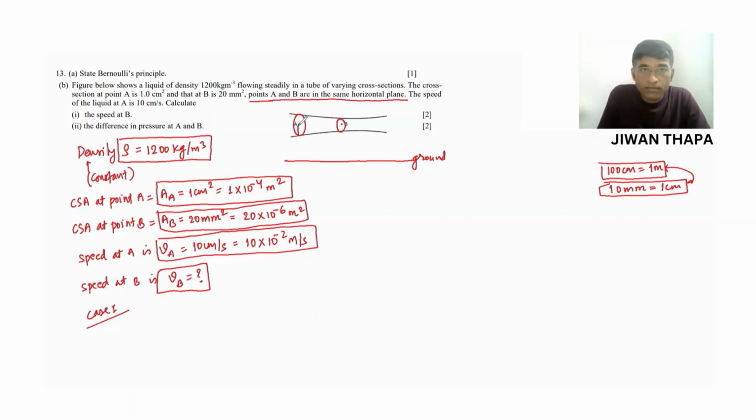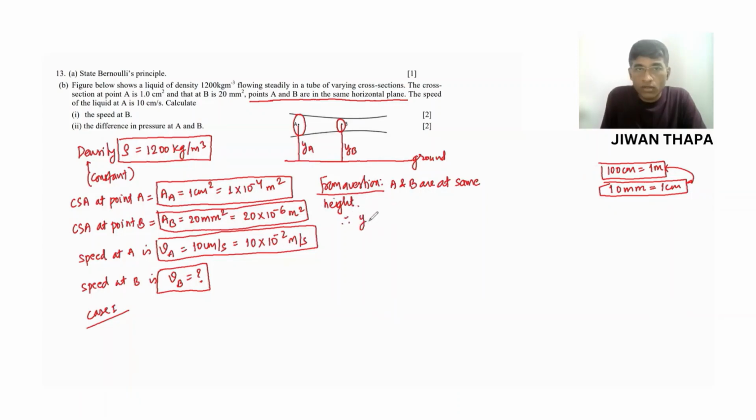Now what we find, if A and B are in the same horizontal plane, then the height or elevation of point A equals the height of point B. So I'm writing in this way: from the question, A and B are at the same height.